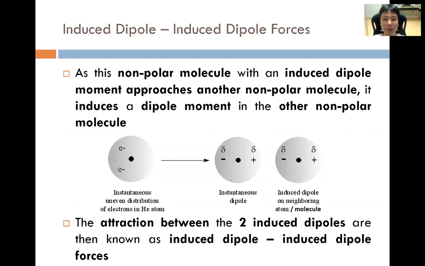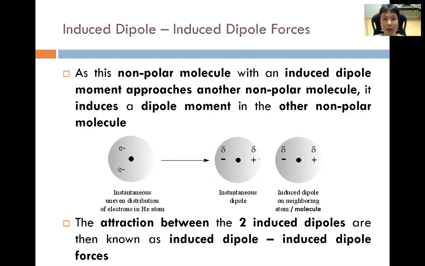Now, when this instantaneous dipole is created and it approaches another molecule, which is also nonpolar, whereby the electrons are evenly distributed, this instantaneous dipole would induce a dipole in it. What it means is that it will cause this molecule to rearrange its electron configuration such that there are more electrons on this side, creating a delta minus, and less electron density on this side, thus creating a delta plus.